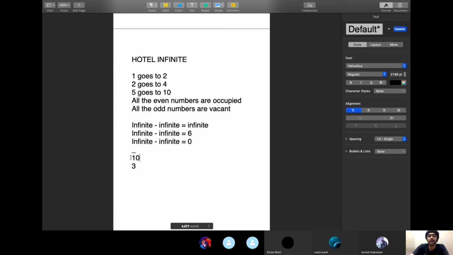However, if I do 10 by 3, this is not infinity. This is just 3.3333. It's not infinite. It's just a number between 3 and 4. But see, this number can easily be represented as 10 divided by 3. So it's a rational number. Forget about being infinity.